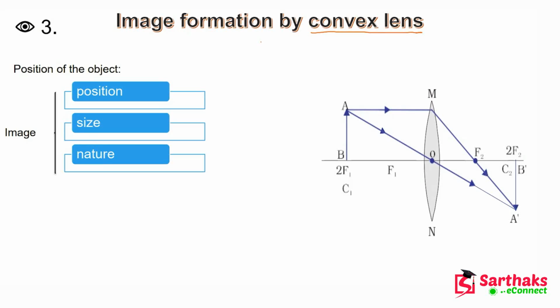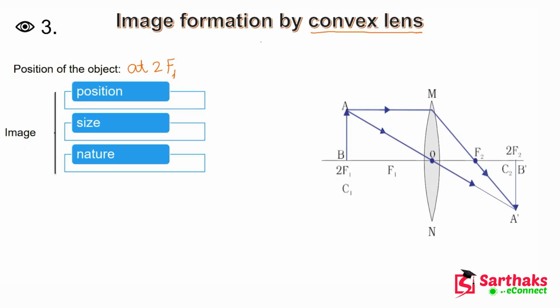This is much closer to the convex lens as compared to the two previous cases which we have discussed. So the position of the object is at 2F1. Now, we have to figure out the position of the image.